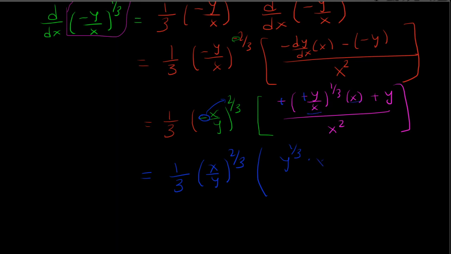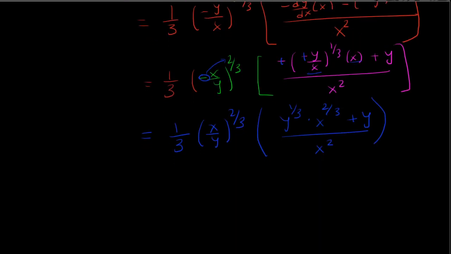That's just going to be x to the 2/3 plus y over x squared. And now I have this x to the 2/3 and x squared, that simplifies to x to the 4/3.